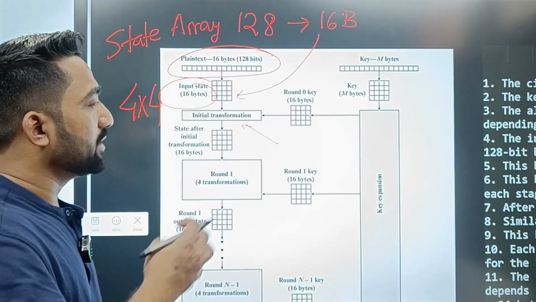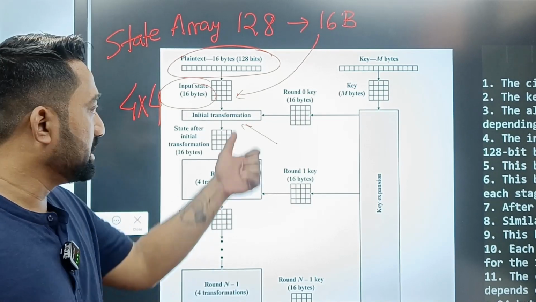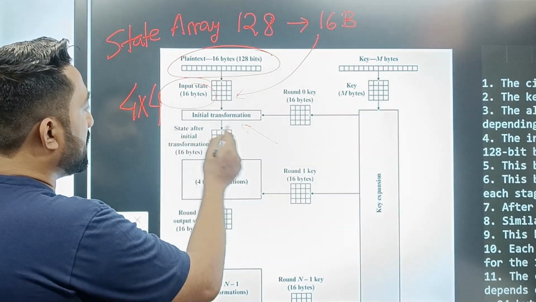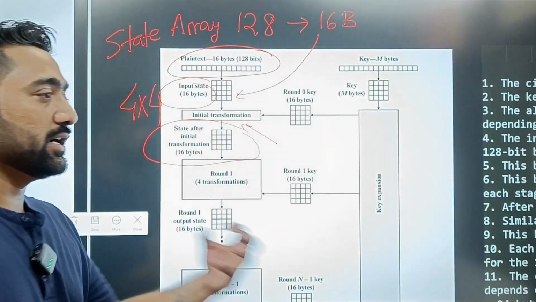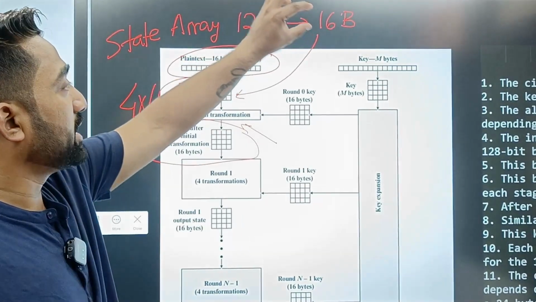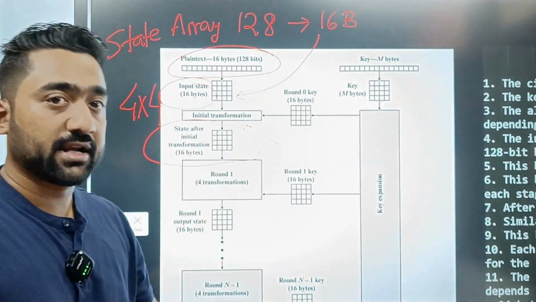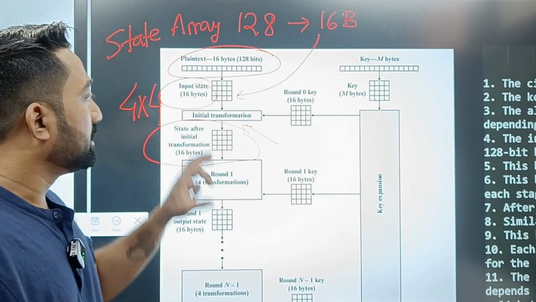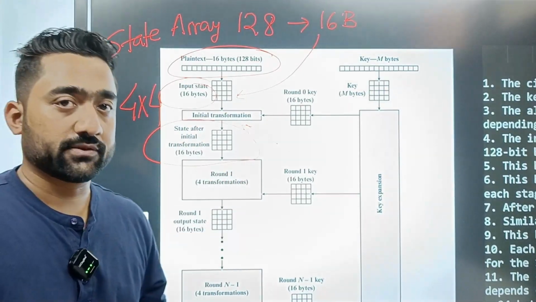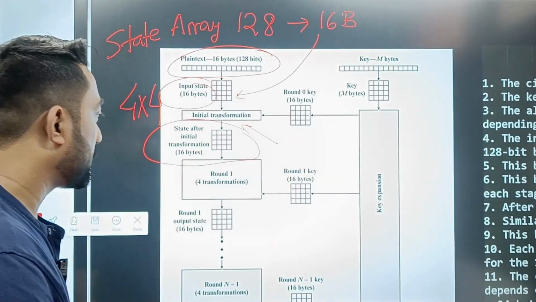Just assume that some sort of internal wrangling and interchanging of the bits happens in this step, and we get the plain text which actually undergoes AES. So in short, there was an initial plain text. It was converted into a 4 by 4 matrix, which is what we call a state array, that undergoes some sort of initial transformation, and we get the actual plain text which undergoes AES, right?